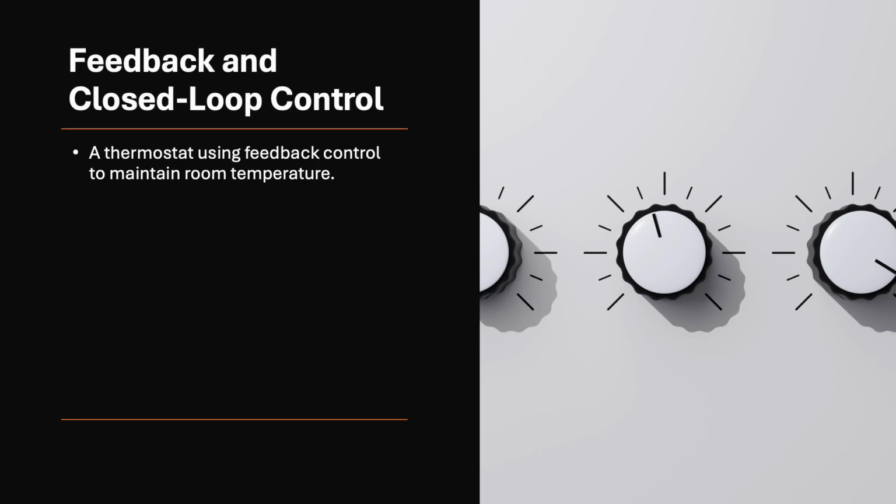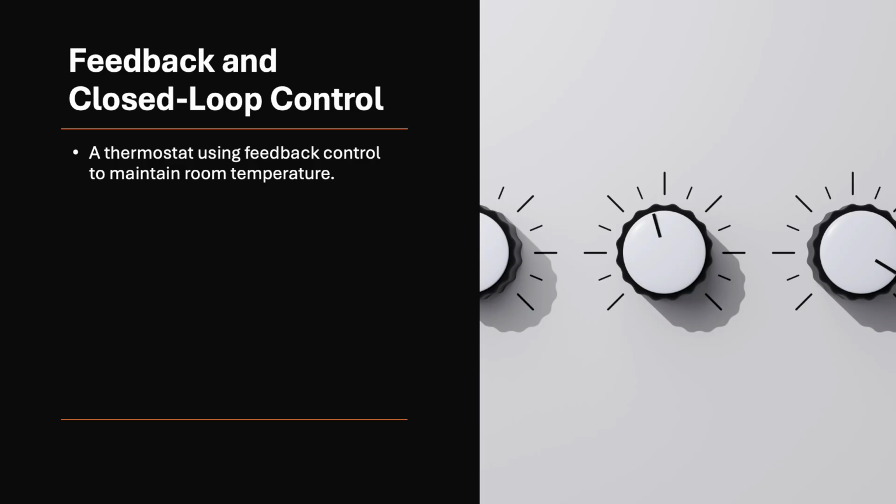A thermostat using feedback control to maintain room temperature. That's feedback and closed loop control. Let's look into this in a little bit more depth. An example of feedback and closed loop control can be seen in the operation of a home thermostat system. In this system, the thermostat acts as a controller, continuously monitoring the room temperature through a sensor.